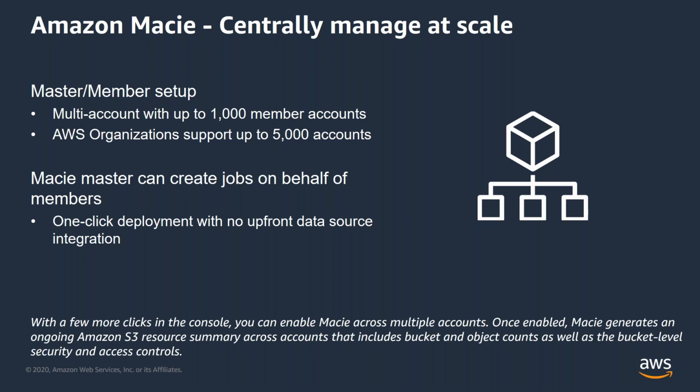This can all be done with a few clicks in the console, and with the ease and simplicity of AWS Organizations integration, it eliminates the need of customers going into each account and enabling that service. So hence, it takes away the complexity and cost associated with maintaining the service across multiple accounts as well. And as these accounts continue to grow, they can automatically be added with a few clicks. So again, that allows very easy and simple management at scale.